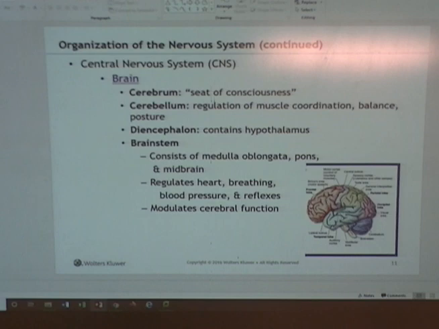This is where decisions are made, signals are interpreted, behavior is driven. In here, our motor cortex is in here, right? And so we call it the seat of consciousness.